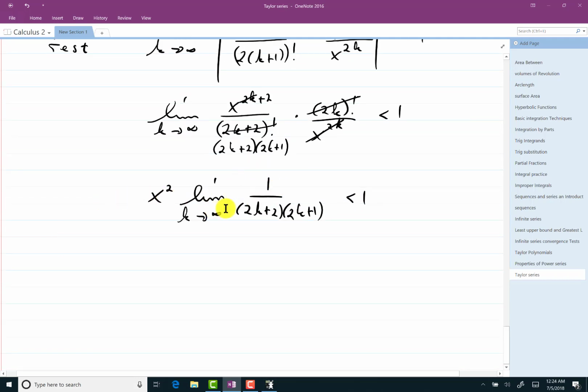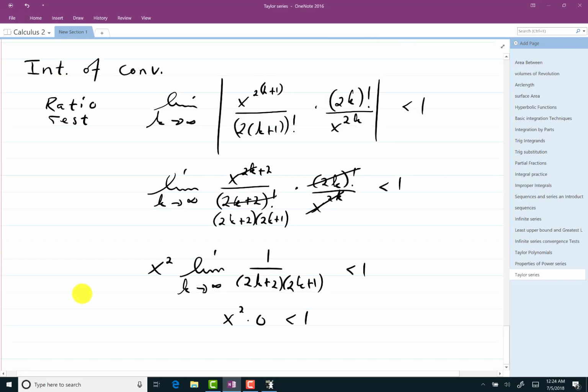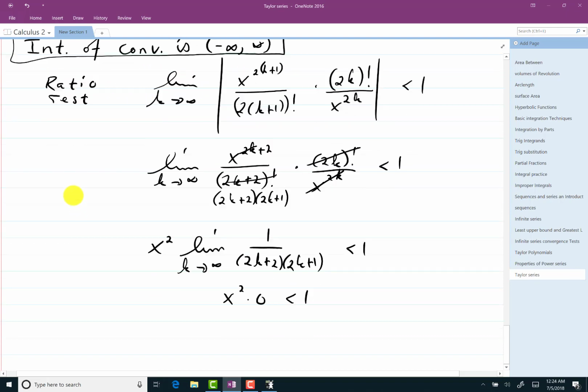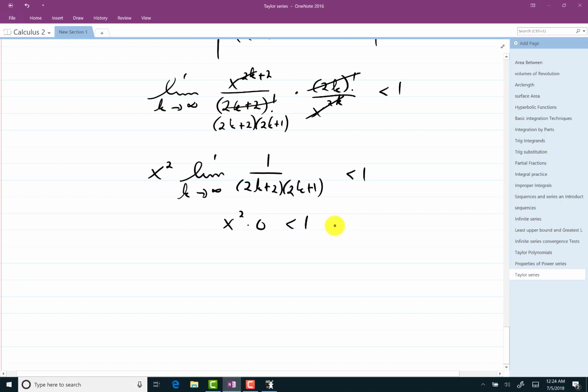I think it came up to almost identical to this. This part once again is 0, but this is true for all x. So the interval of convergence is negative infinity to infinity. So I should write this is true for all x.